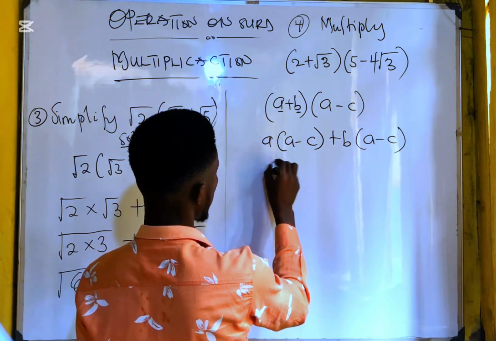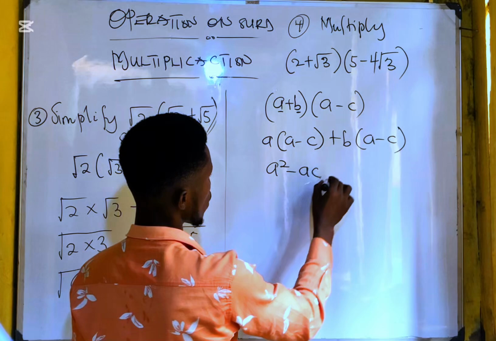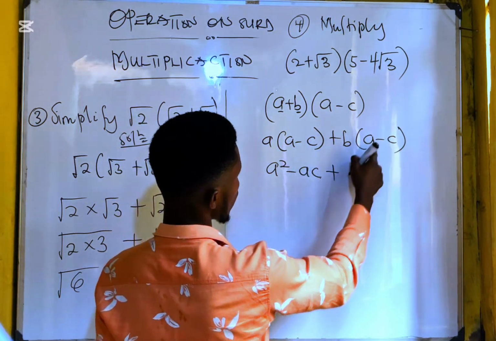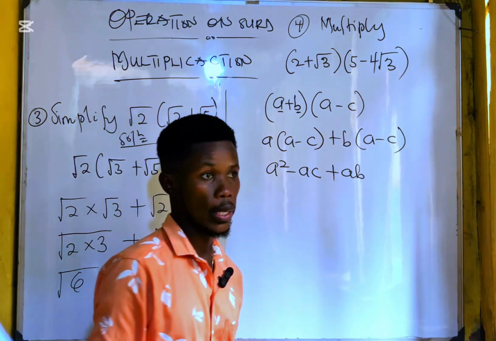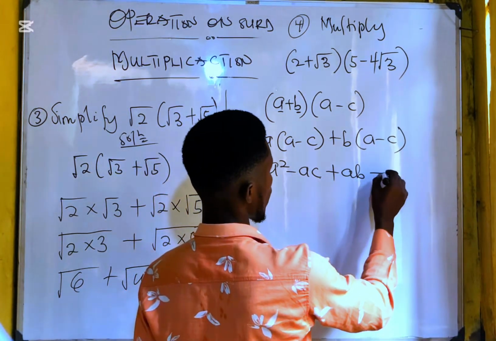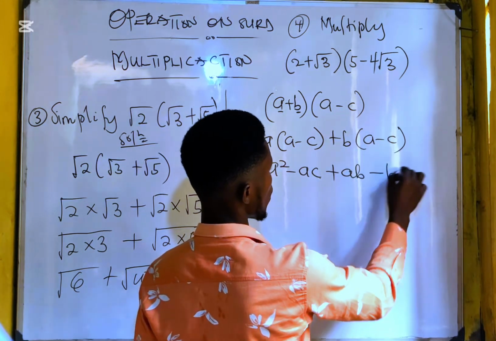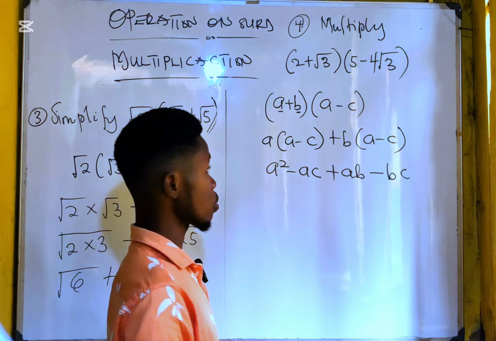Now, A times A is A squared. A times negative C will be negative AC. B times A is AB. When you are multiplying, make sure that, like when you are reciting the alphabet, A comes before B, so don't say BA. Minus B times C will be what? BC. So this is how it will look like in terms of the expansion.